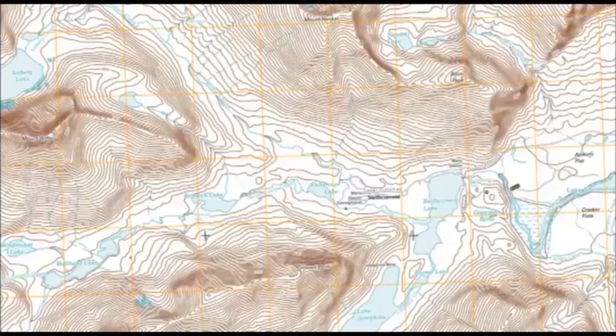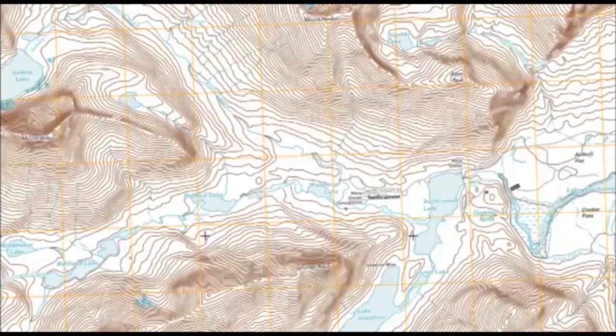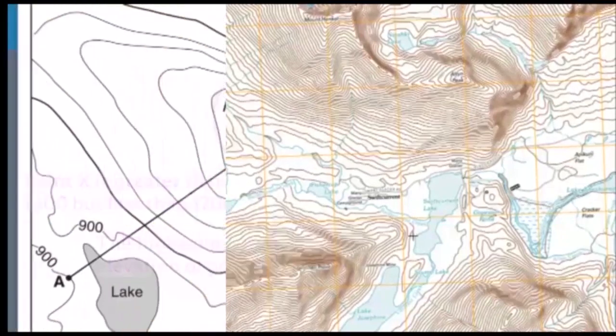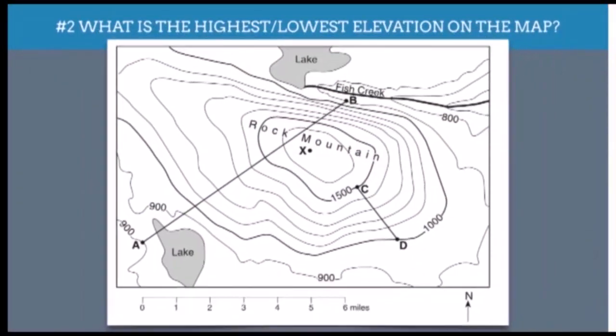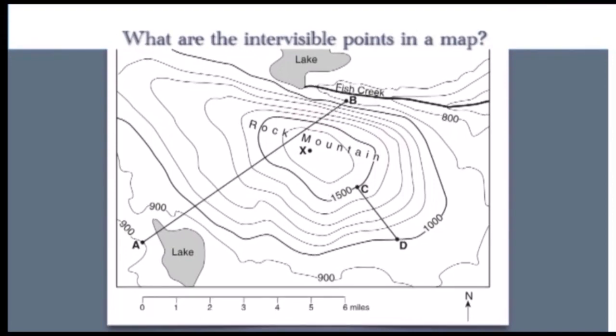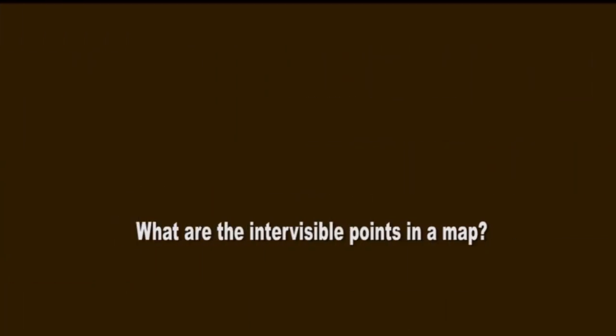So when looking at intervisible points, all those are not taken into consideration. The only things that you take into consideration are relief features, contour interval, spot heights, and trigonometric ratios inside the map. So points that are trig ratios, contour heights, contour points, and contour interval are considered.